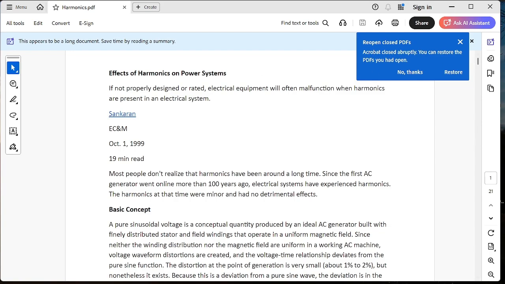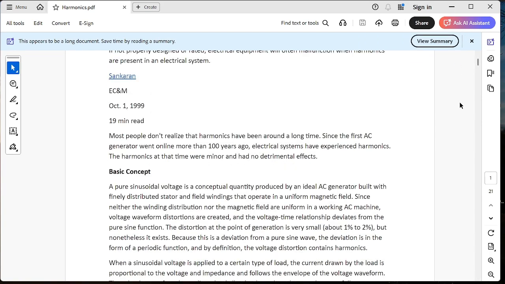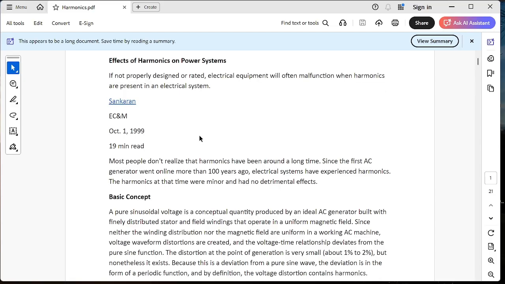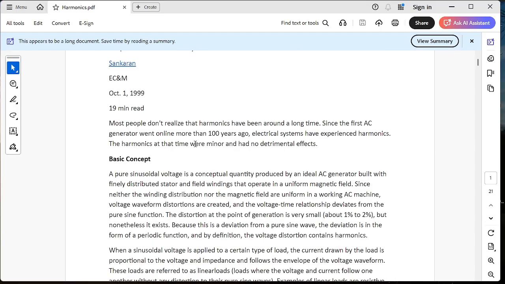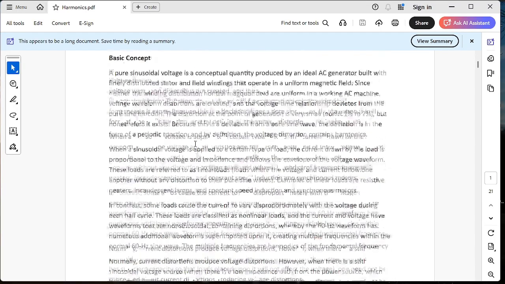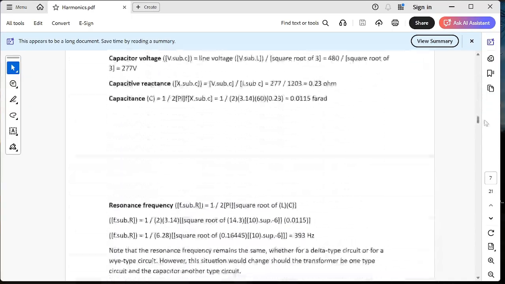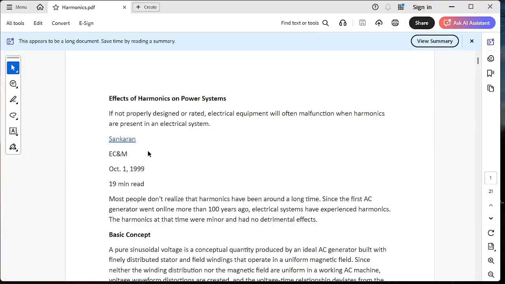Now the good news is that this is improved, but notice the date, 1999. Effects of harmonics on power systems. Okay, so this guy is warning us about power systems and harmonics. So I did a ChatGPT of this, and then I dumped all this out. Now this was featured in ECNM.